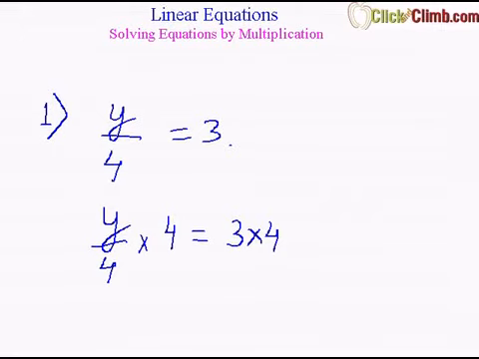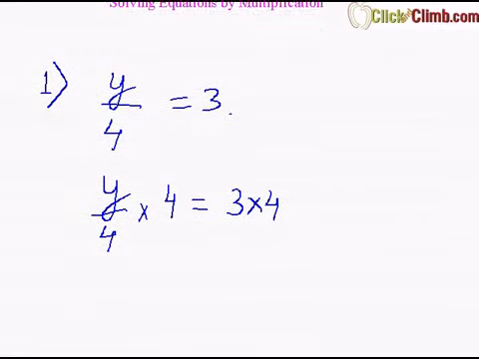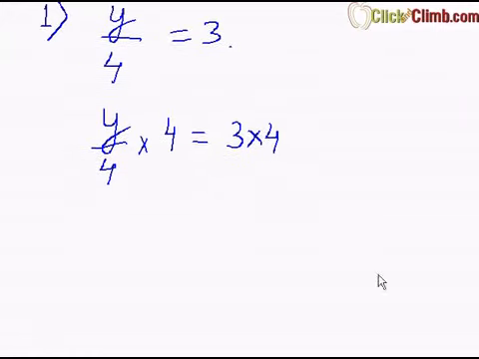Now multiplying by 4 and dividing by 4 cancel each other and make it only 1, and 1 times y is only y. Now 3 times 4 is 12. So the answer is y equals 12, the solution to the given linear equation.